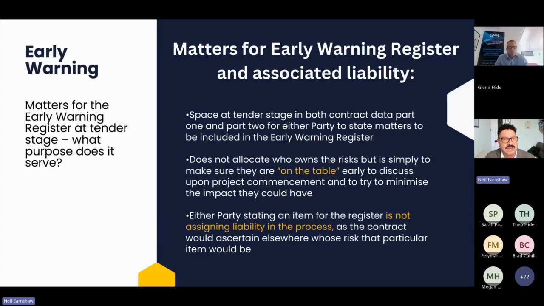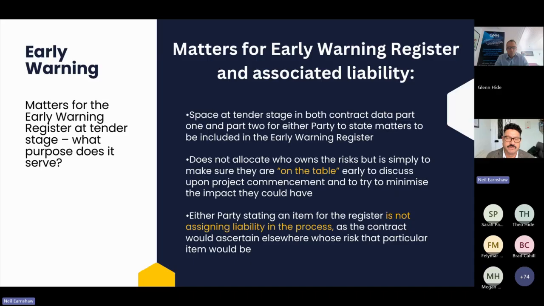So firstly, just one of the practical things we see on the contracts that we work on is that we do have the ability to effectively give each other pre-contract early warnings. So it's possible to list in contract data part 1 and part 2 matters that will be included in the early warning register once we've signed up to contract.